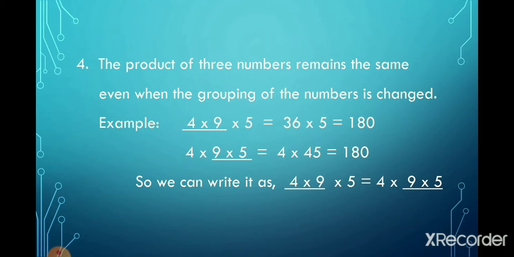So we can write it as 4 into 9 into 5 is equal to 4 into 9 into 5 with different grouping. If you change the order of the multiplication of the given numbers, then the answer is always the same. These are the 4 multiplication facts which you have to remember.